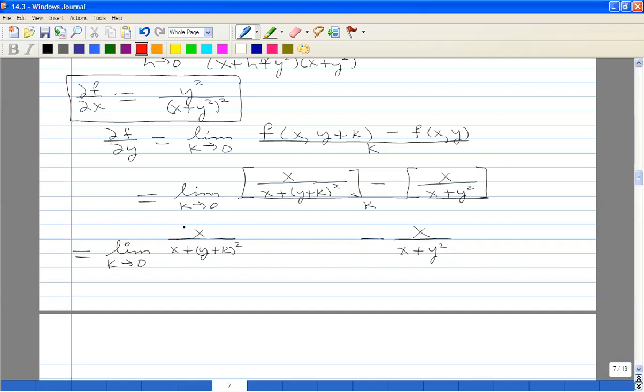So let's multiply and divide by x plus y squared.